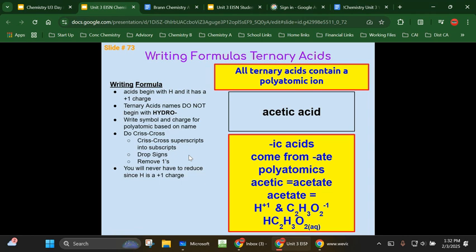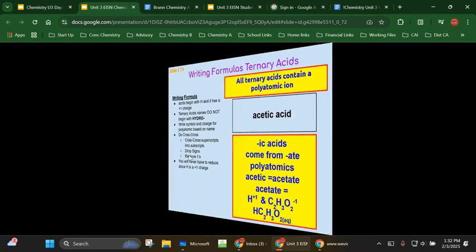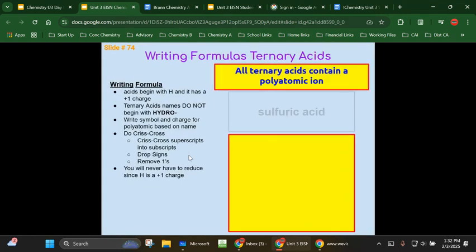Can I move on? Or are we still writing things down? Sulfuric acid. What does sulfuric acid come from? Binary or ternary?